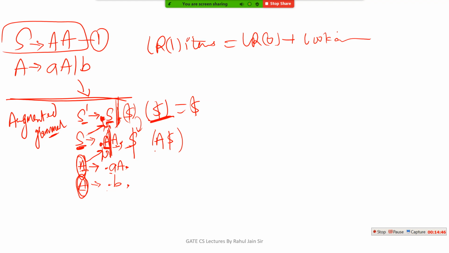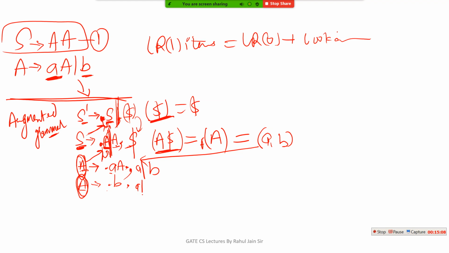So first of A dollar is first of A. From the grammar you can deduce that first of A is a comma b. So the look aheads of A are a and b.